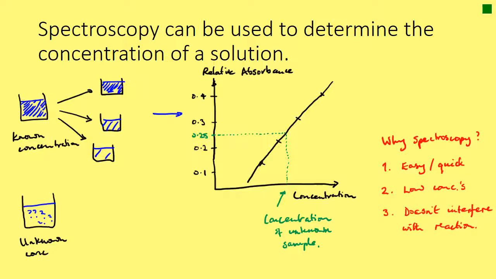So you'd get some sort of plot like this. On the y-axis we would plot our relative absorbance, and we plot that against the concentration.